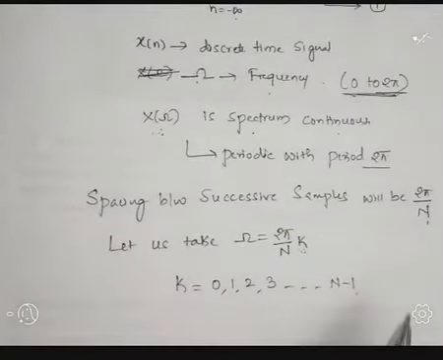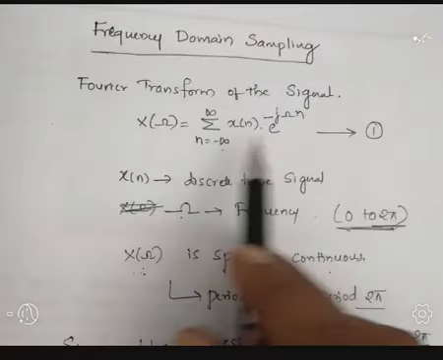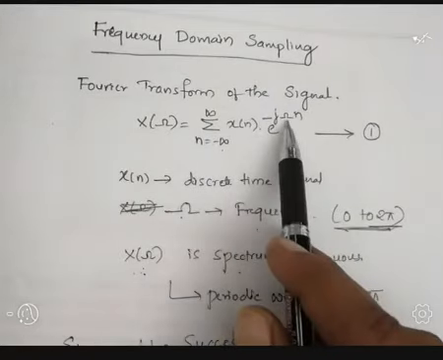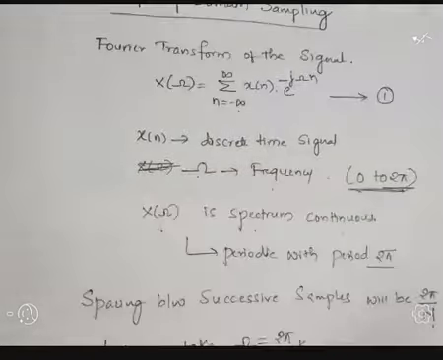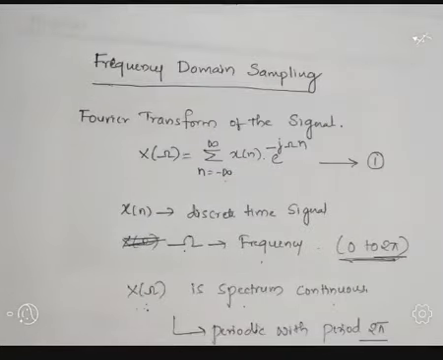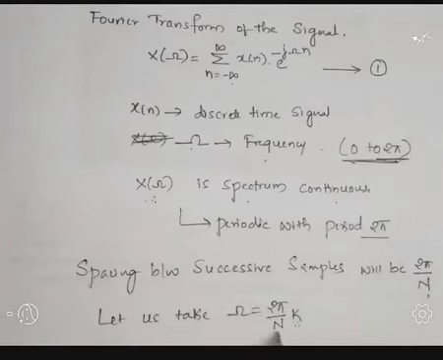The above equation 1 we can rewrite with the help of omega equal to 2 pi by N into k. Wherever omega is there, substitute omega equal to 2 pi by N into k.